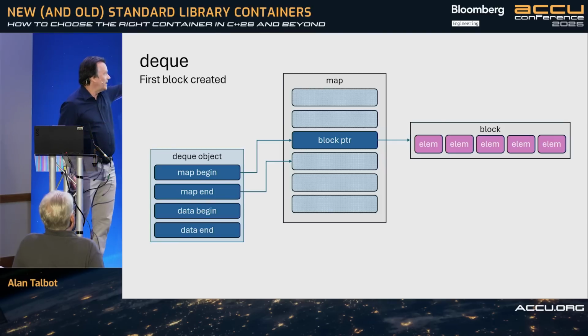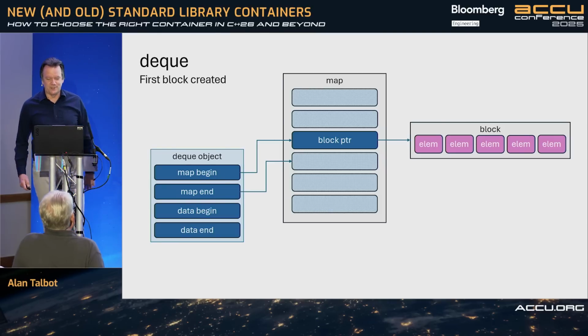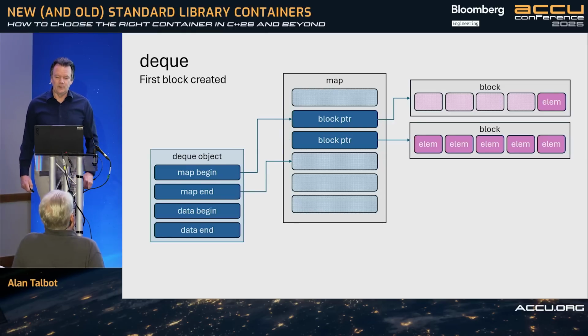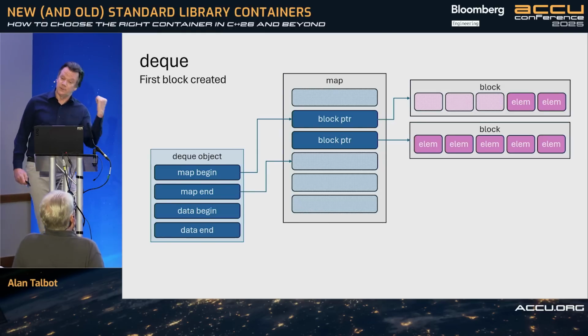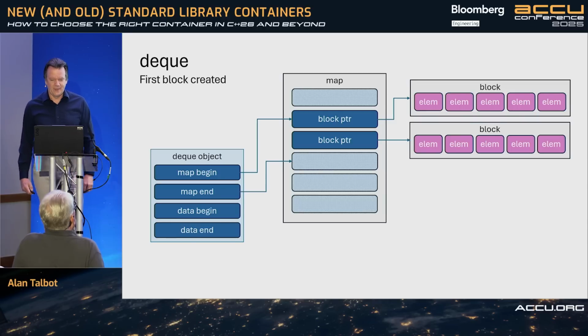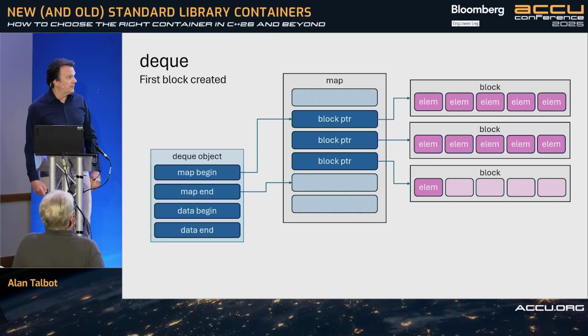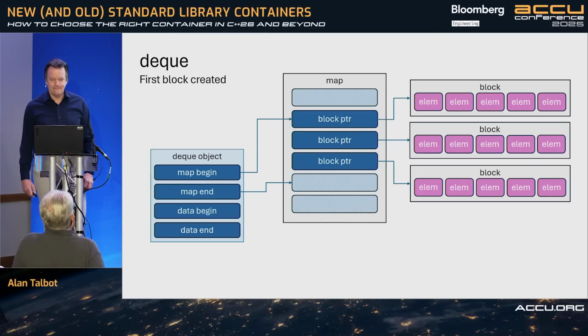They're meant to still be there in your imagination. Let's add to the front again. We get a new block for the front, and we start adding to the back of it. And we want to add to the back. We get a new block for the back, and we start adding to the front of it. That's basically what a deque does. Groovy, yeah?